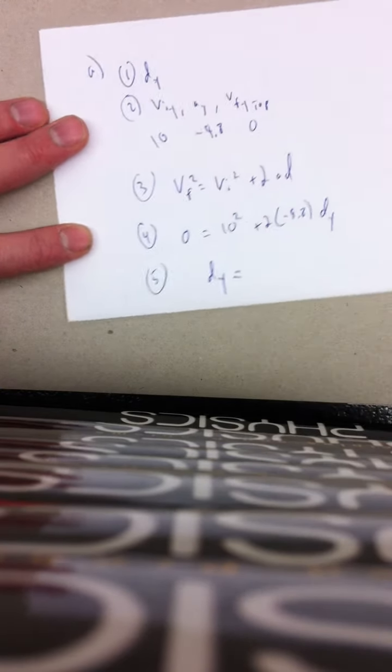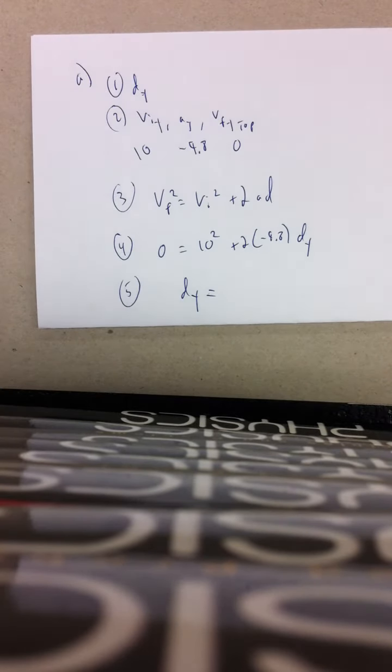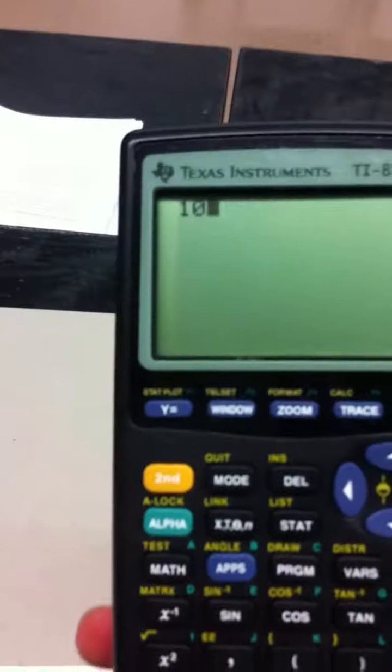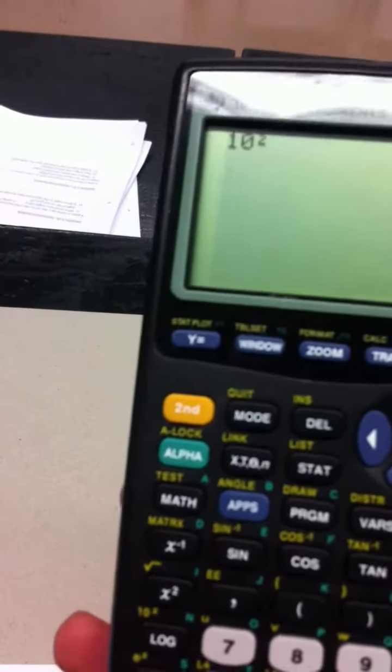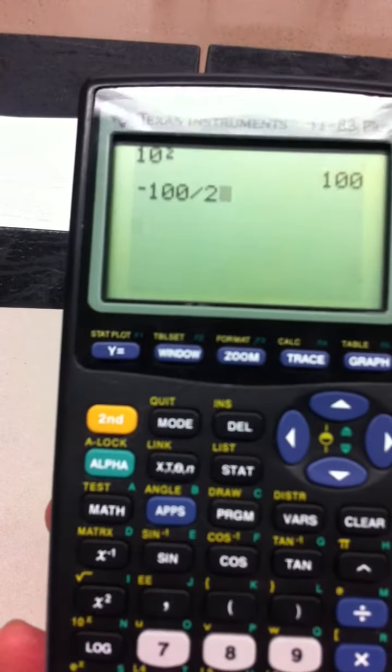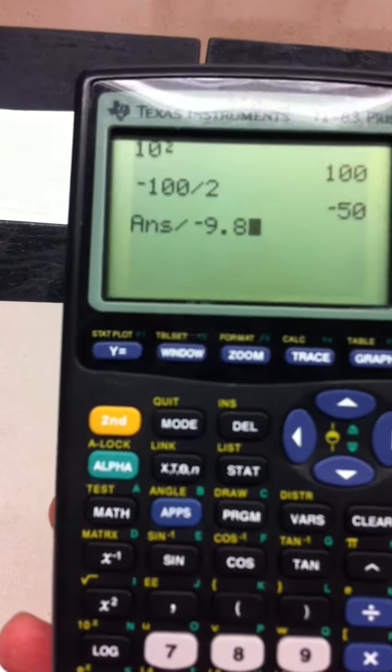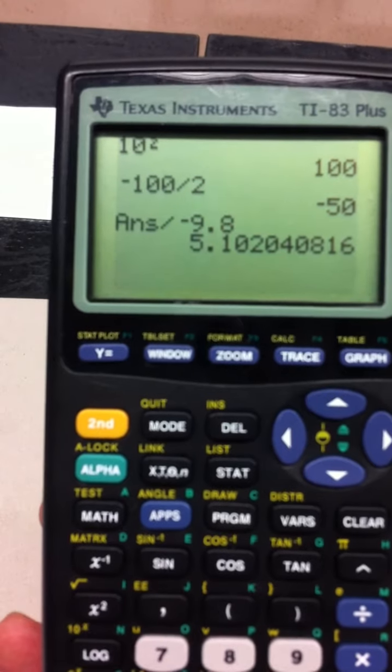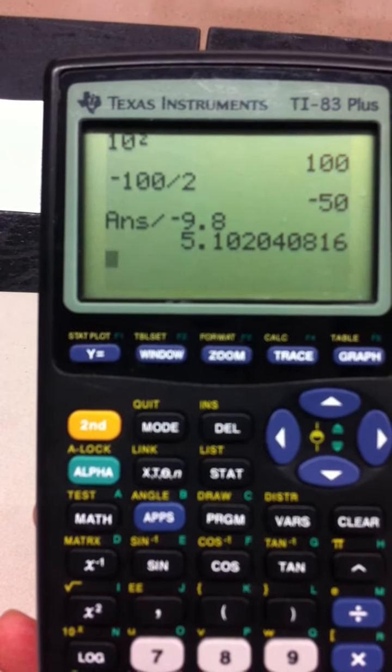So dy comes out to be, we got 10 squared. Bring that over the equal sign, it becomes negative 100. Divide that by 2 and divide that by negative 9.8. We end up with 5.1.